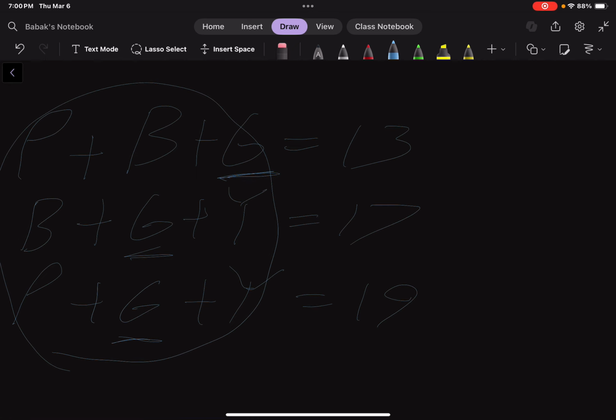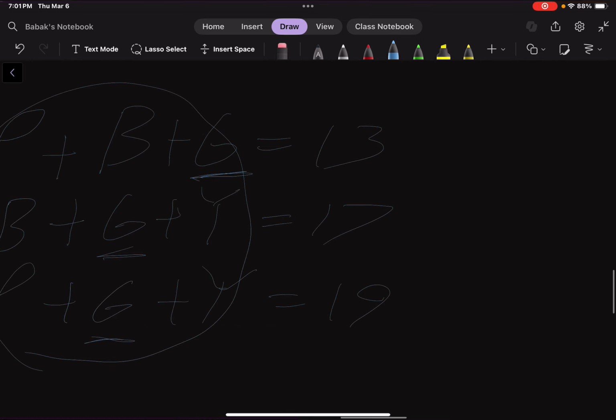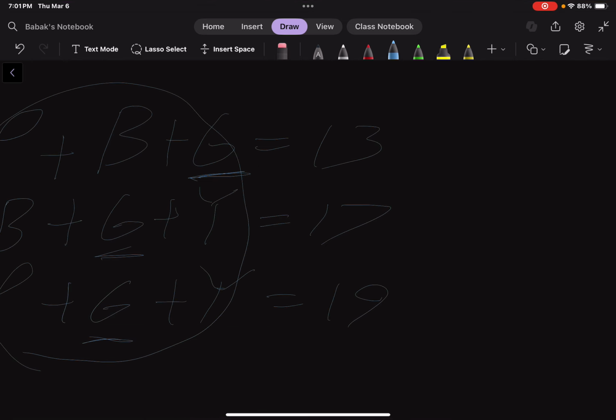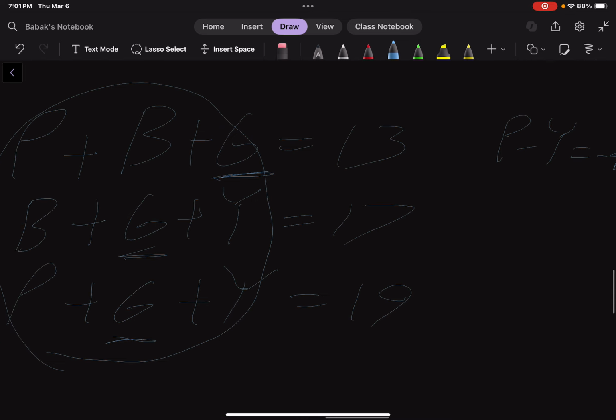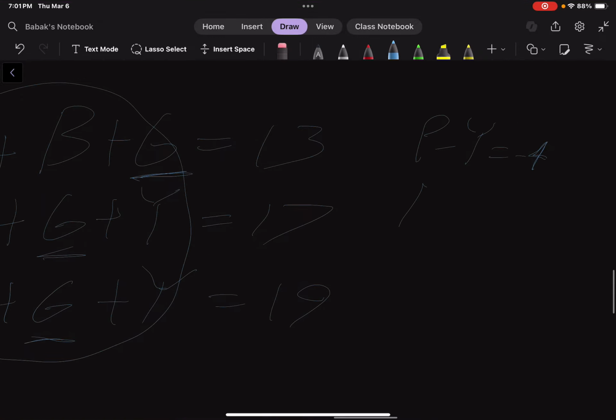If we do, let us first label these, equation 1, equation 2, and equation 3. If we do equation 1 minus 2, this being p minus y is equal to negative 4. And if we do equation 1 minus equation 3, this becoming, I believe, b minus y.